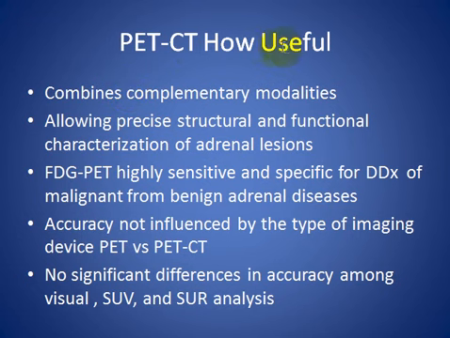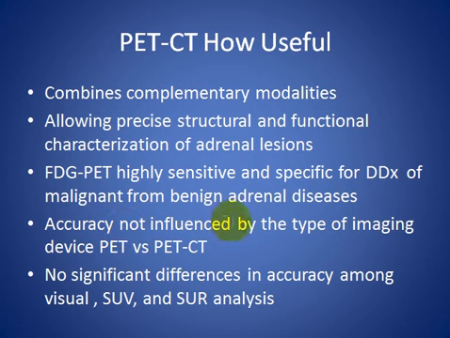PET CT scan, how useful? It combines complementary modalities, allowing a precise structural and functional characterization of adrenal lesions. FDG PET is highly sensitive and specific for the differential diagnosis of malignant from benign adrenal diseases.